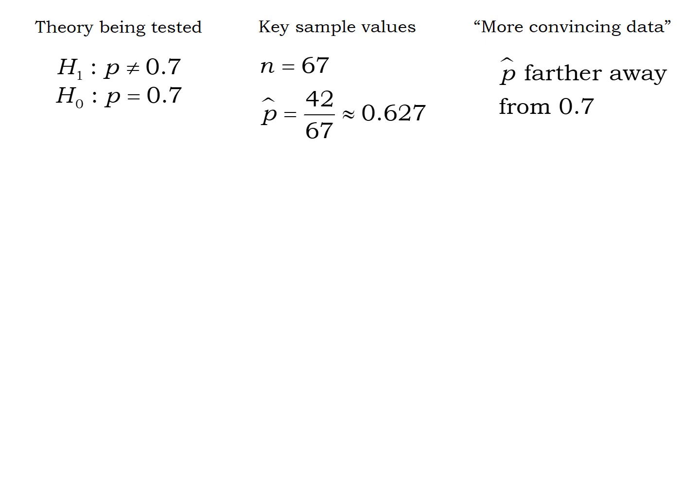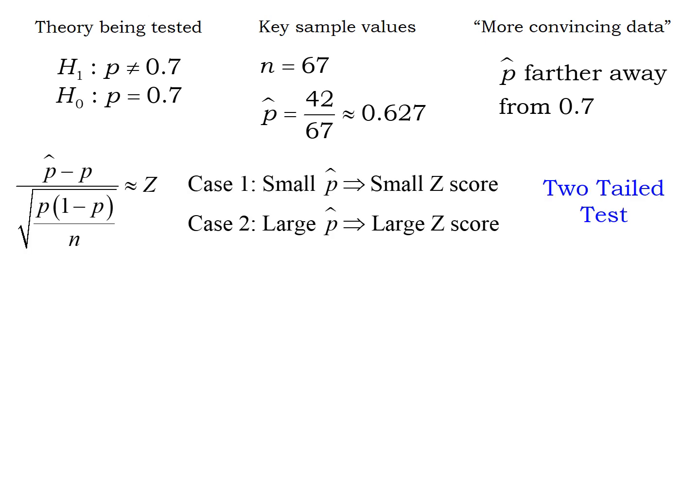Let's put these last two examples in perspective. So in both cases, we had the same theory to test. Okay. Using the first equation, our standard typical (p-hat minus p) equals a z-score equation, small p-hats led to small z-scores. Big p-hats led to big z-scores. So we wanted both the left and right tail of the z-distribution.